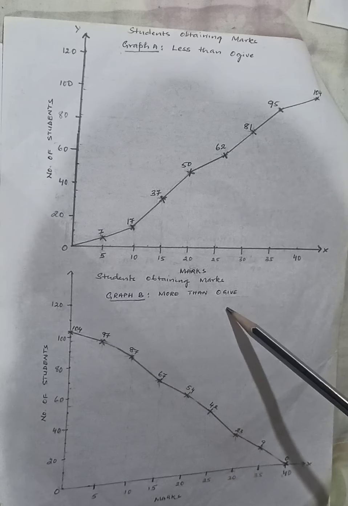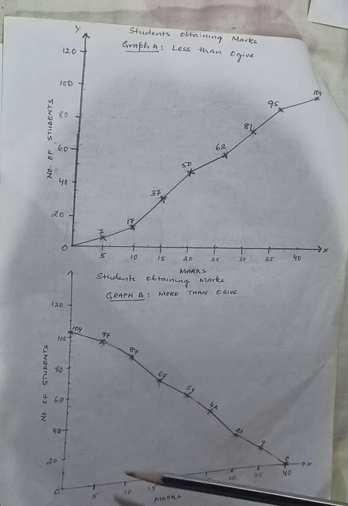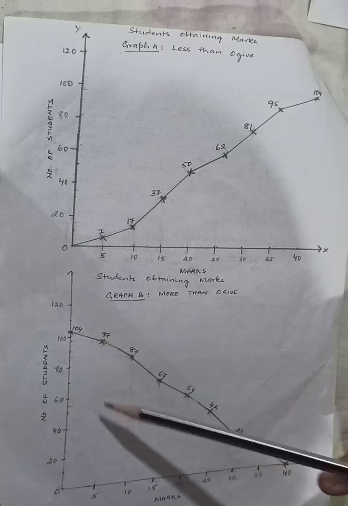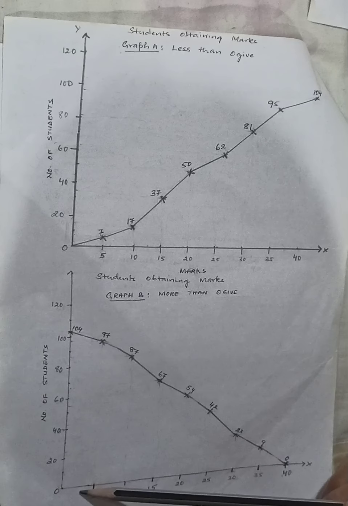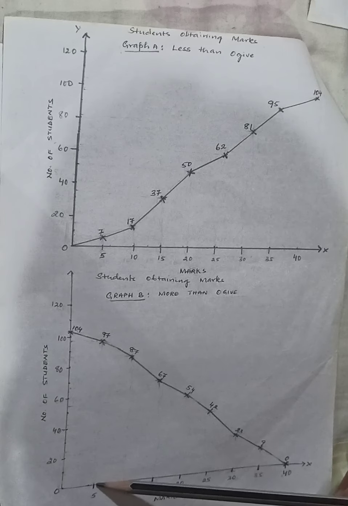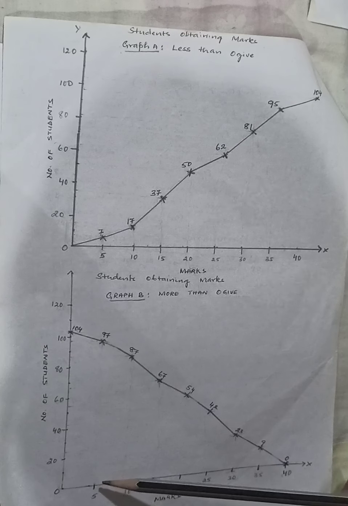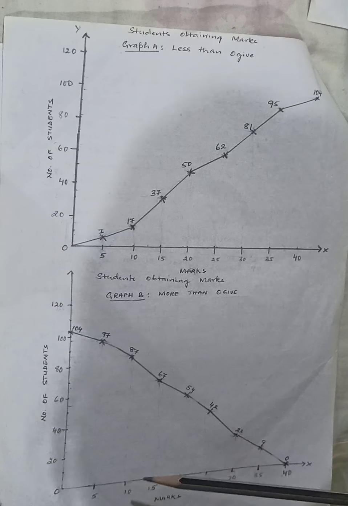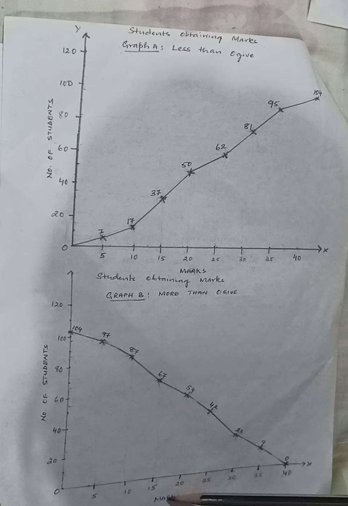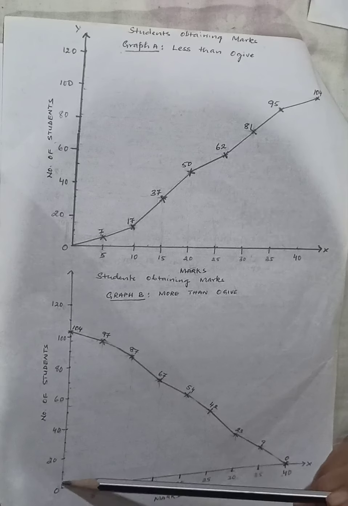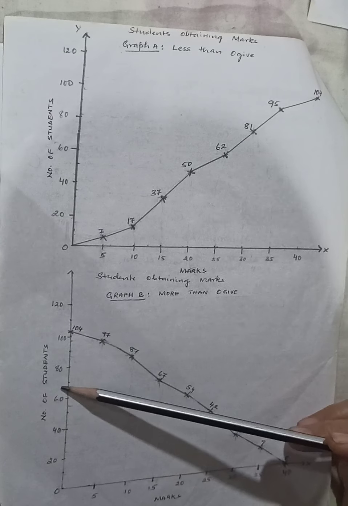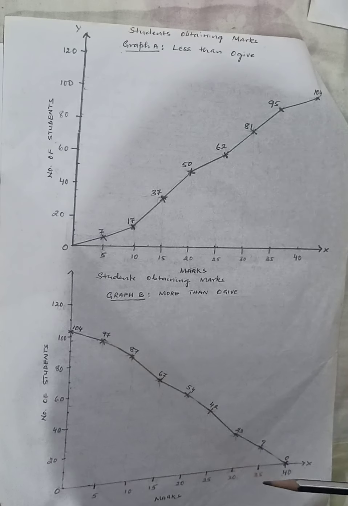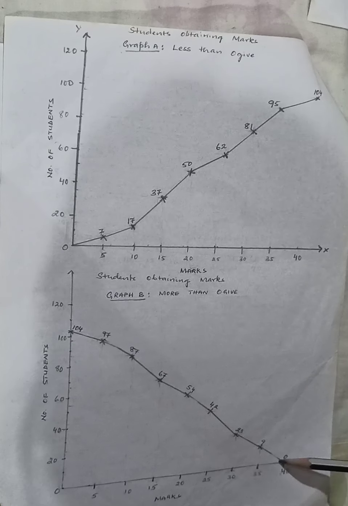And secondly, to draw the more than ogive curve, we are doing it with the help of OX axis and OY axis. So all these are more than marks that we are plotting. The OY axis is the number of students. So here the highest frequency is 104 and the lowest is 0.